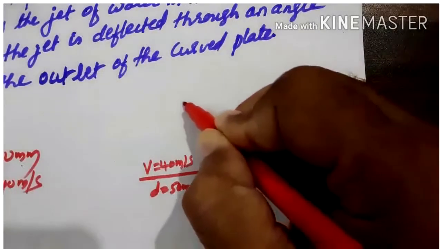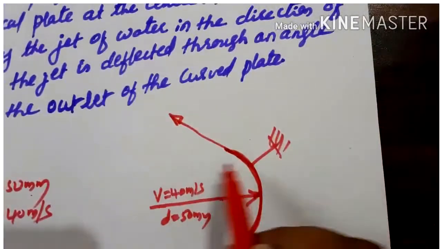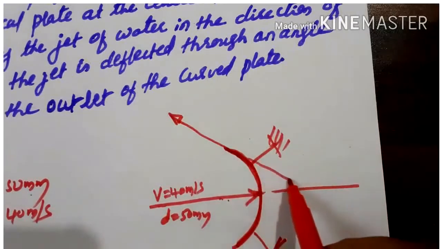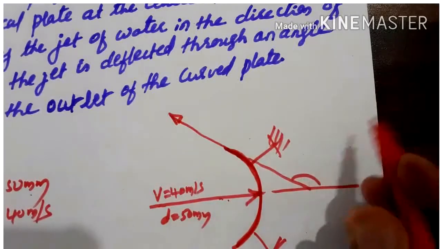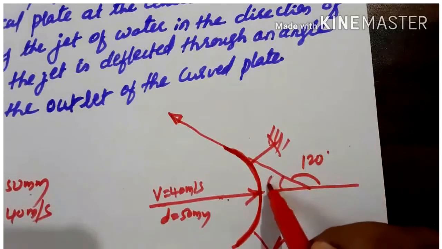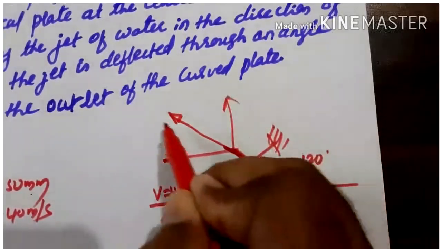The jet will be leaving at an angle given by the deflection angle. Taking it back, this is the deflection angle given, 120 degree, and this angle becomes 60 degree, and this is the component, and this is the velocity.